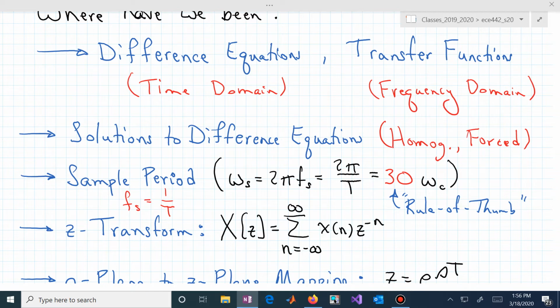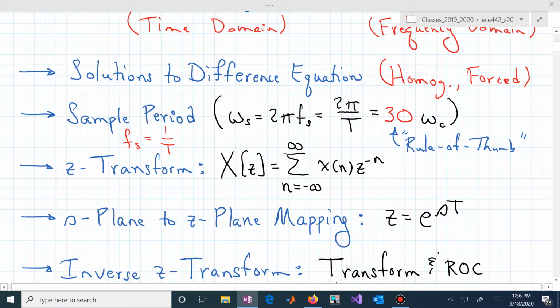So we actually want to sample at 30 times the highest frequency in our system or in the signal that we're sampling. And that 30 omega c could be closed loop bandwidth. If you're just concerned about a system without worrying about changing its speed or its behavior, then maybe omega sub c corresponds to the highest frequency of your open loop system.